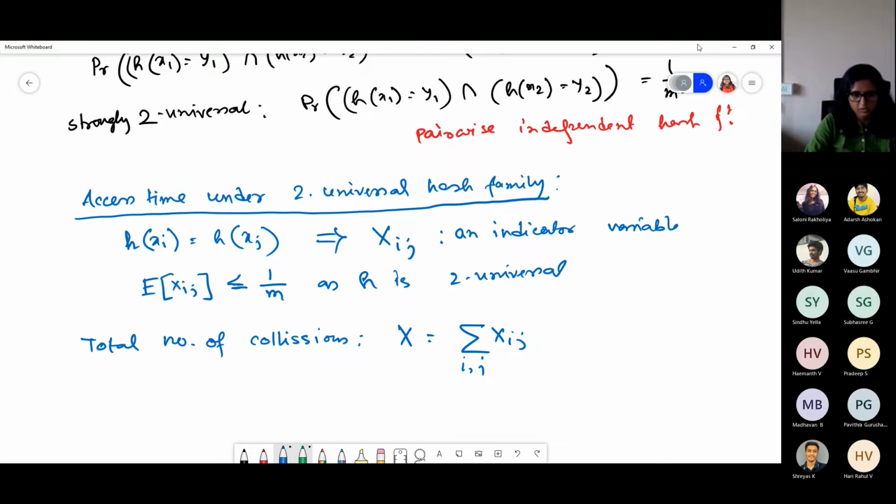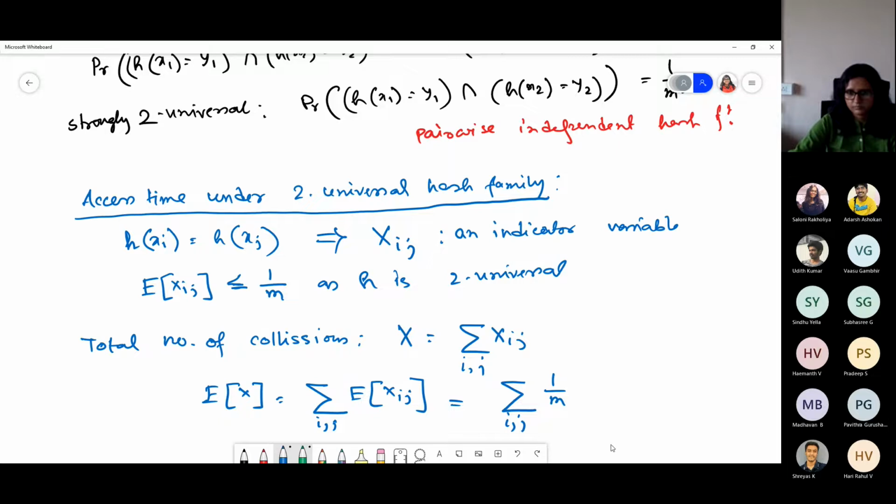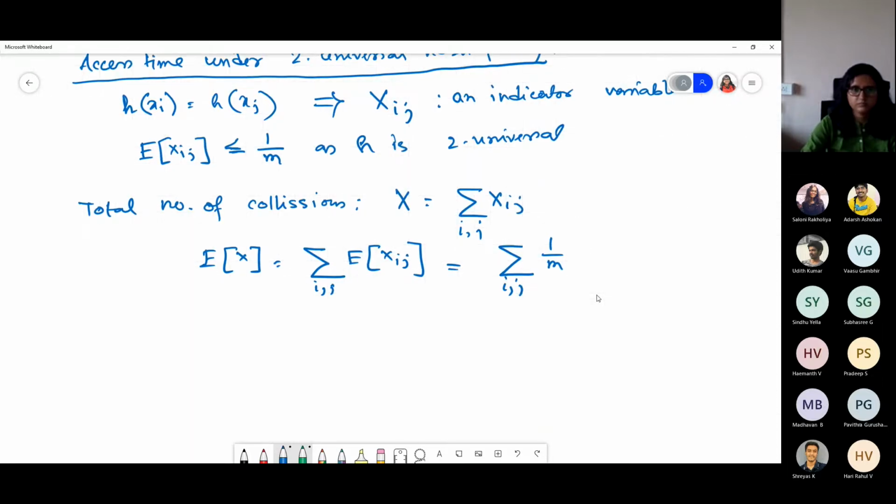So E of x will be the sum over all ij of E of xij, and we know this is 1 by m, so this is less than or equal to.